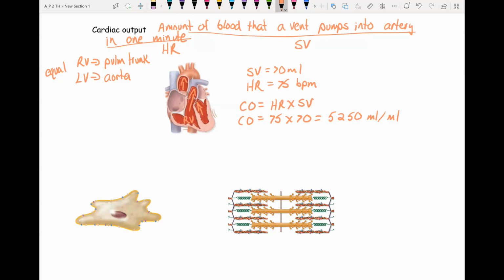So instead of saying 5,250 milliliters per minute, we're going to move the decimal over and say 5.25 liters per minute. So standard cardiac output is 5.25 liters per minute. And remember, that is per ventricle. So going into the pulmonary trunk, you have 5.25 liters every minute. Also, going into the aorta is 5.25 liters per minute.